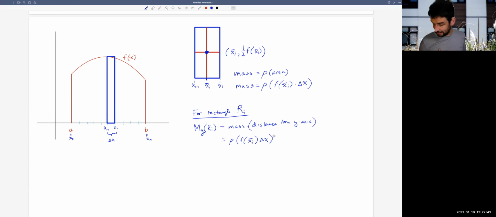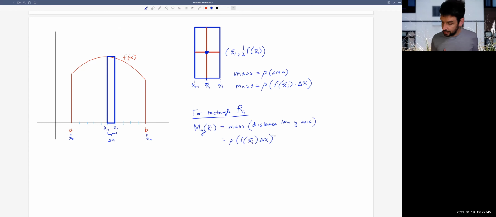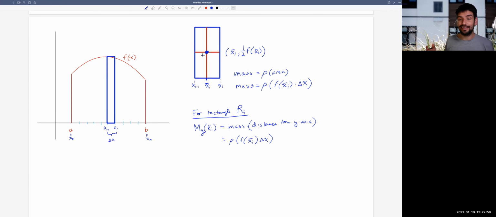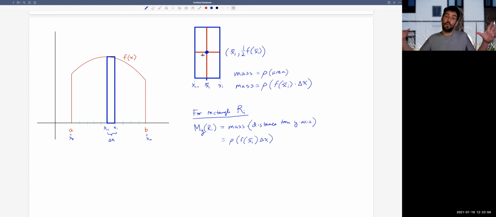Its distance from the y-axis, the distance we use is the distance of the center of mass, right? This was one of the notions we had in an earlier video. One way to think about the center of mass is it's the place where, if you concentrated all the mass of this object, its moment would be the same. So when we figure out this moment, we can pretend like all the mass is concentrated at that center of mass.